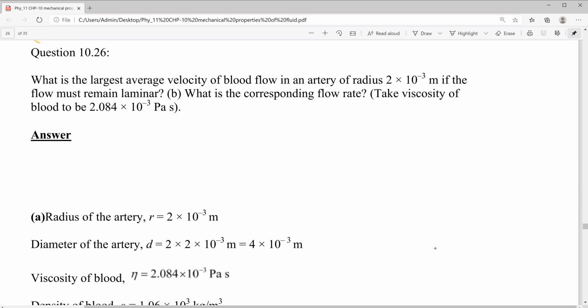What is the largest average velocity of the blood flow in an artery of radius 2 into 10 to the power of minus 3 meters, if the flow remains laminar? What is the corresponding flow rate? That is what they ask.